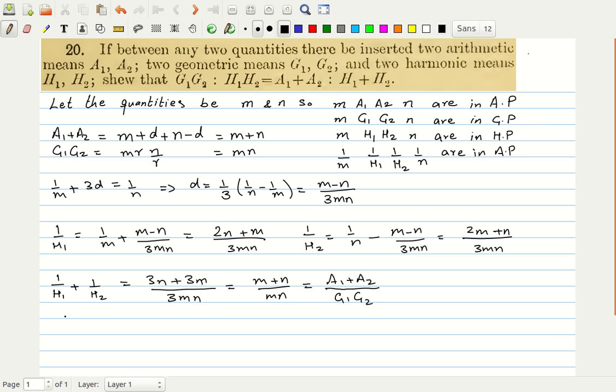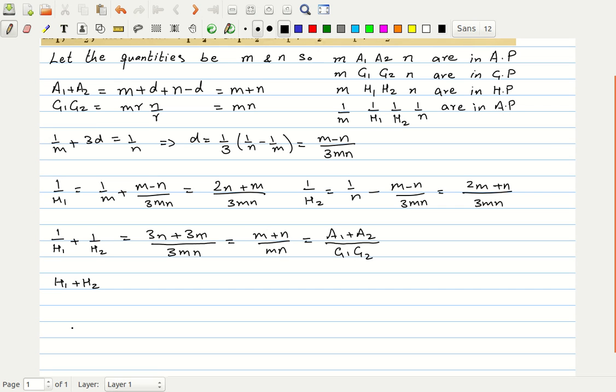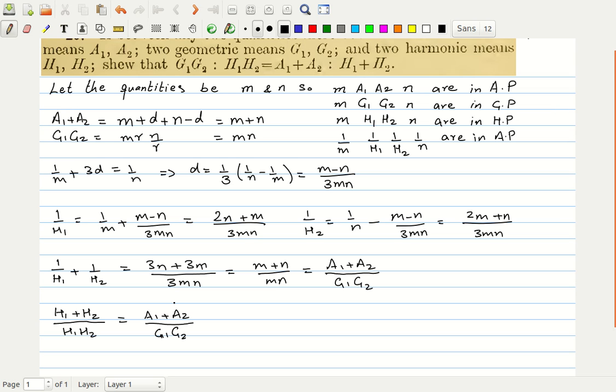And if you take LCM on this side, you get h1 plus h2 divided by h1 h2 is equal to a1 plus a2 is to g1 g2, right? And we are almost done.